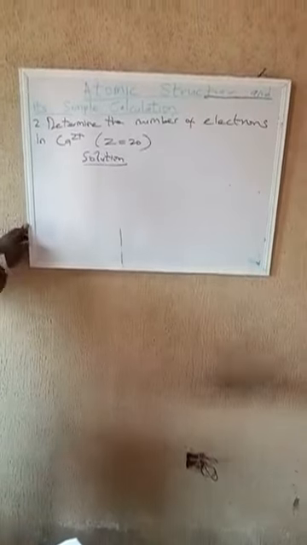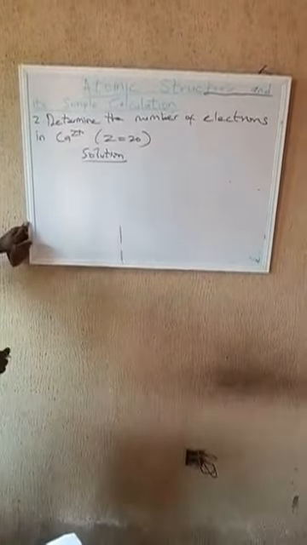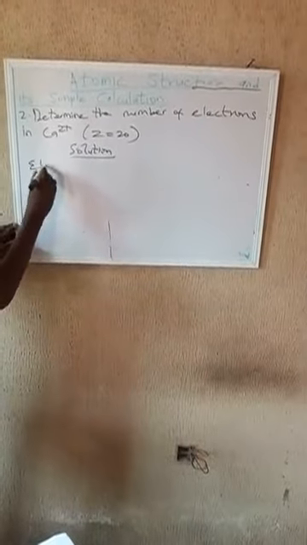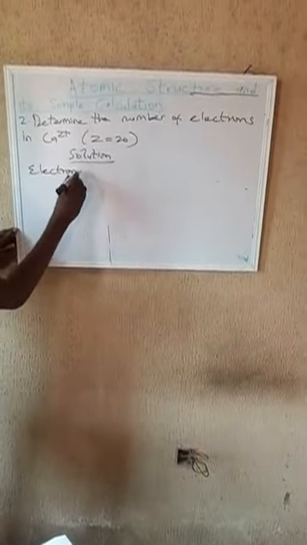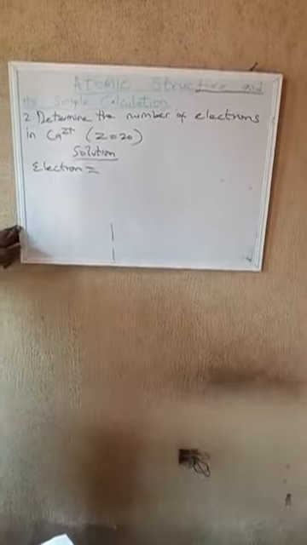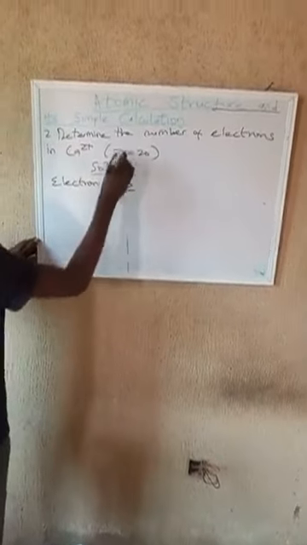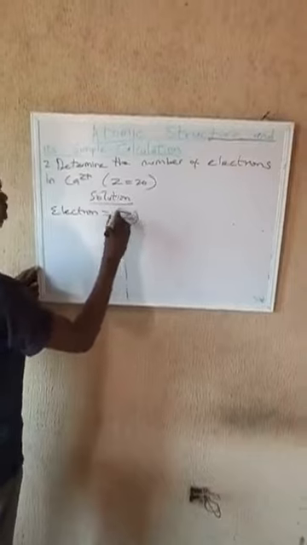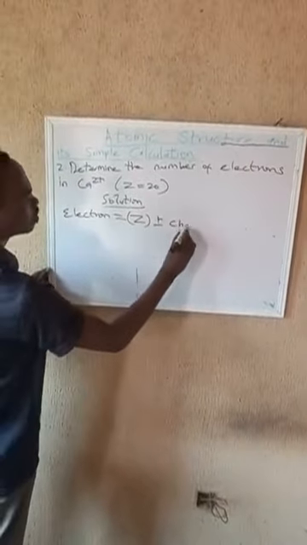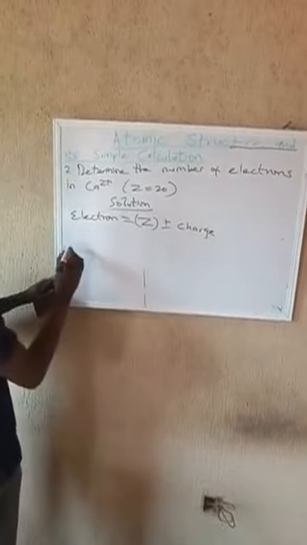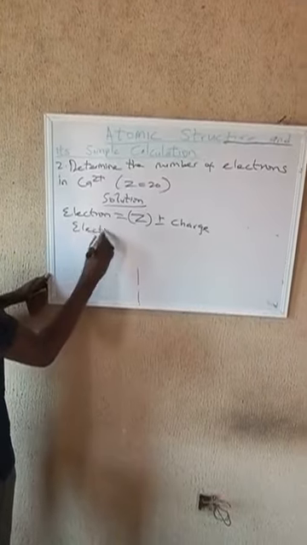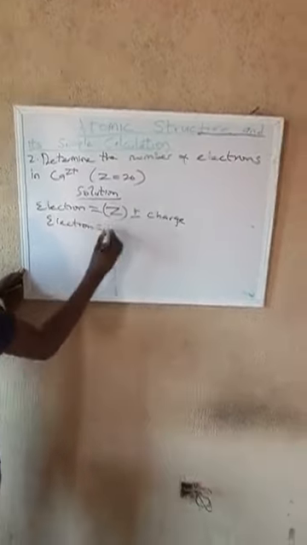So, solution. We now want to calculate the electron. That's the formula I used the other time. We have the Z, which is the atomic number, don't forget, plus or minus charge. So electron will now be equal to 20.